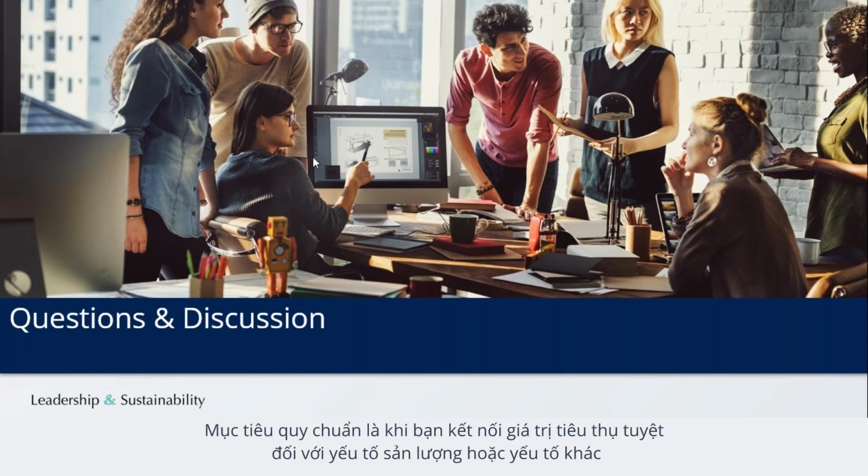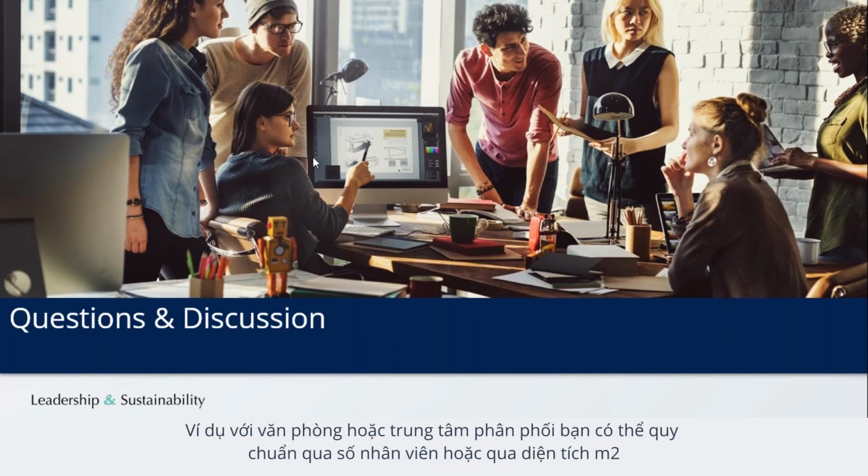The normalized target, that is when you relate the absolute consumption to your production or to something else. So what we see, for example, in offices or in distribution centers, you can relate your absolute consumption values with, for example, number of employees or square meters.